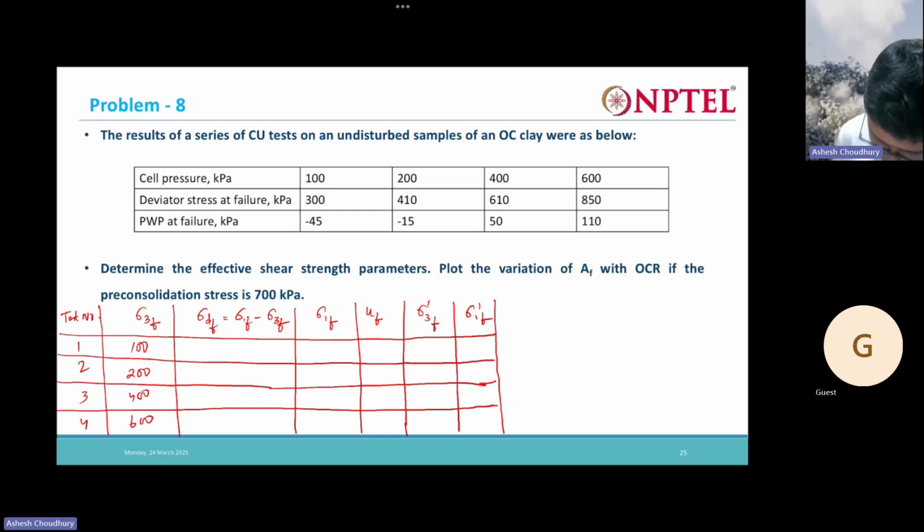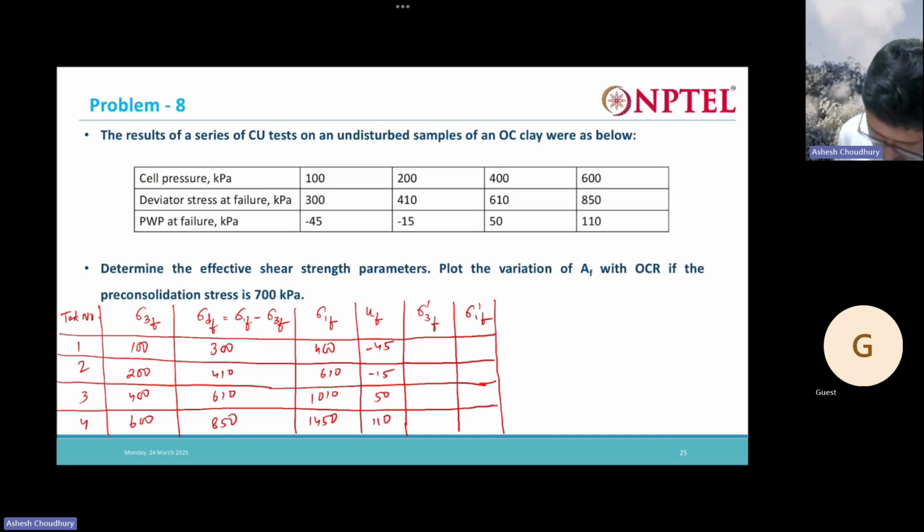Deviator stress at failure is 300, 410, 610, 850. Sigma 1 is this plus this, so 400, 610, 1010, and UF is minus 45, minus 15, 50, 110.